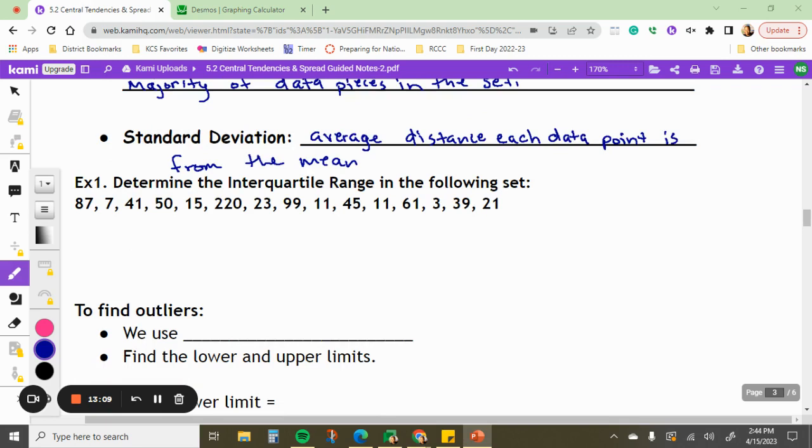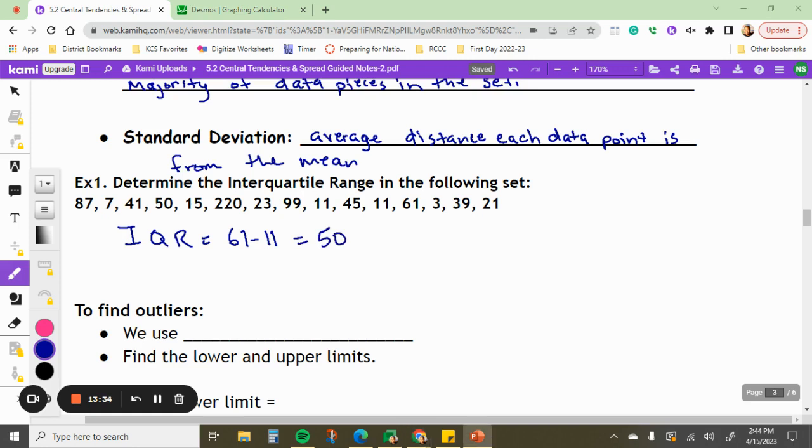Now I'm going to use that information to find out some outliers. So the IQR, or the interquartile range, is Q3 minus Q1. So that's going to be 61 minus 11, and that's 50. The IQR, or interquartile range, is 50.